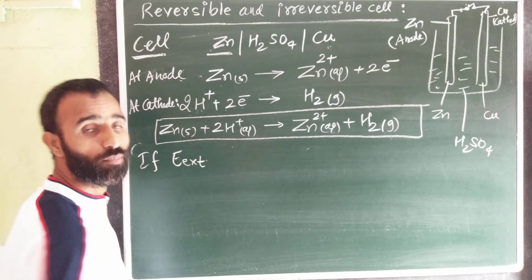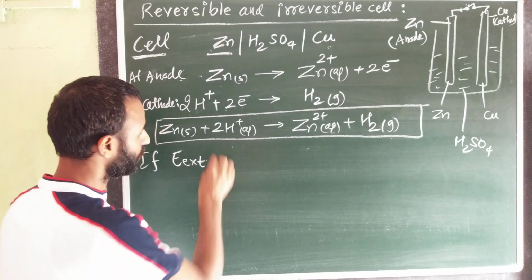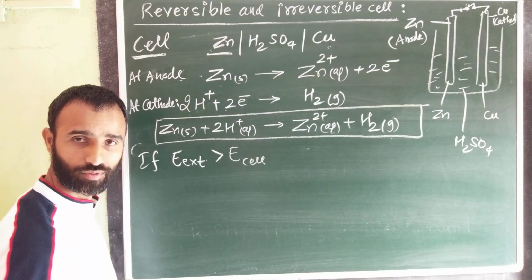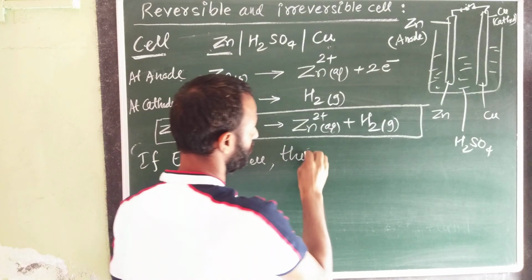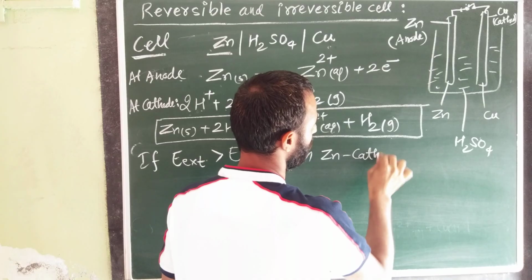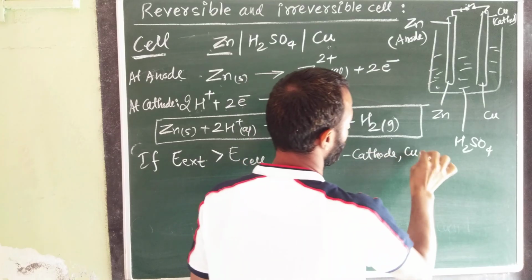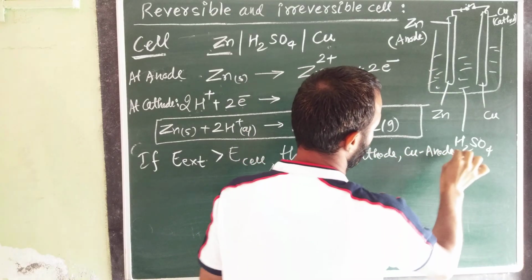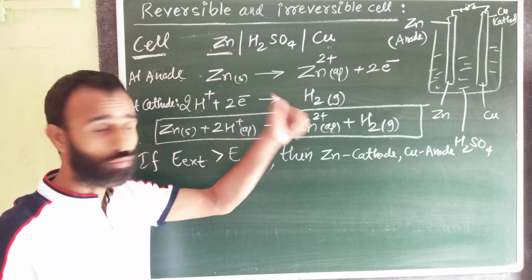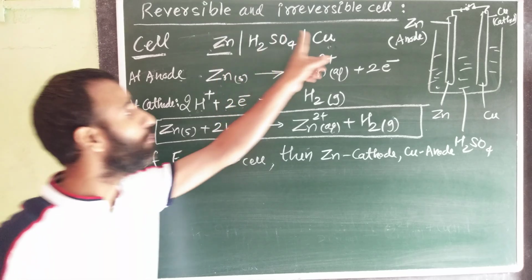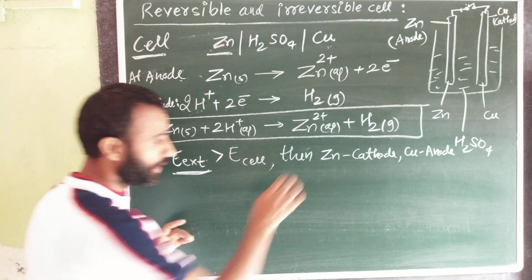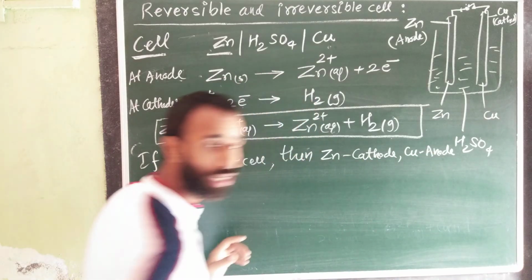Now if an external battery is attached and its potential is greater than E cell, then what happens? Zinc acts as cathode and copper acts as anode. In the first case, in the simple standard cell, zinc is anode and copper is cathode. But when opposing EMF is applied, zinc acts as cathode and copper acts as anode.